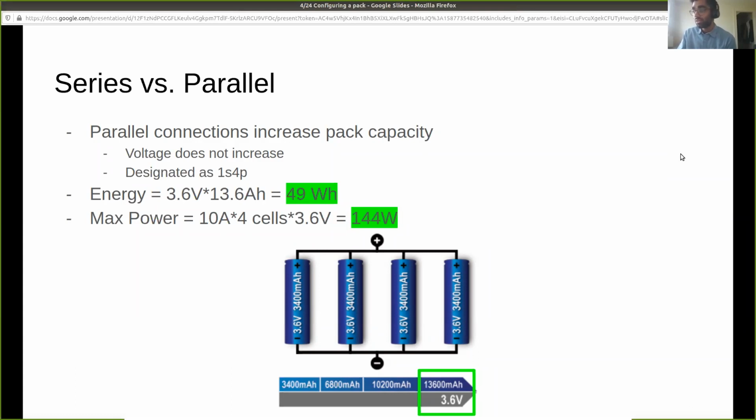We did the same energy calculation with new numbers: 3.6 volts times 13.6 amp hours gives us 49 watt hours. For the max power, we have 4 cells, and each one can put out 10 amps, so this battery pack can put out 40 amps. 40 amps times 3.6 volts is 144 watts.